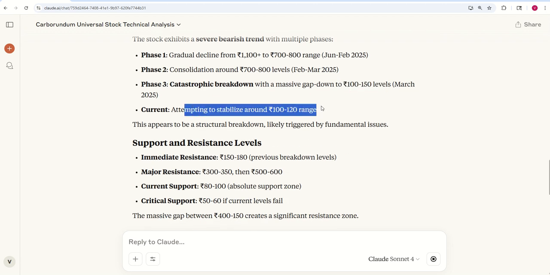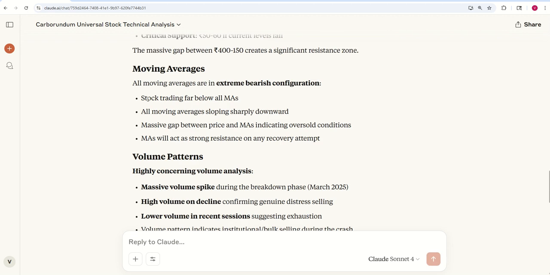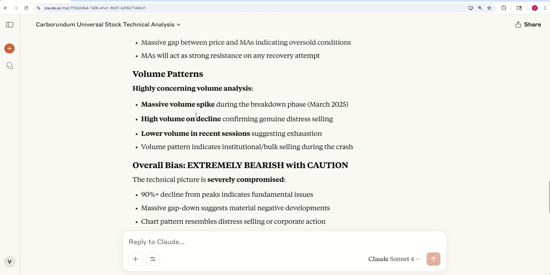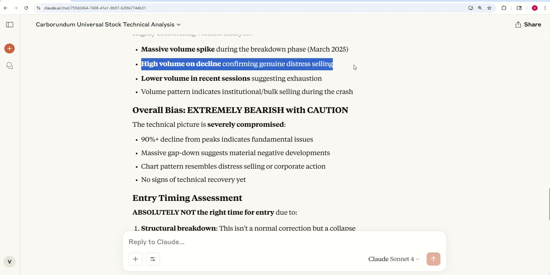It is attempting to stabilize around 100 to 120. These are the support and resistance levels. Moving averages: the stock is trading below all moving averages. Volume pattern: massive volume spike. That was the time when all this corporate governance issue came up. High volume on decline confirms genuine selling distress.